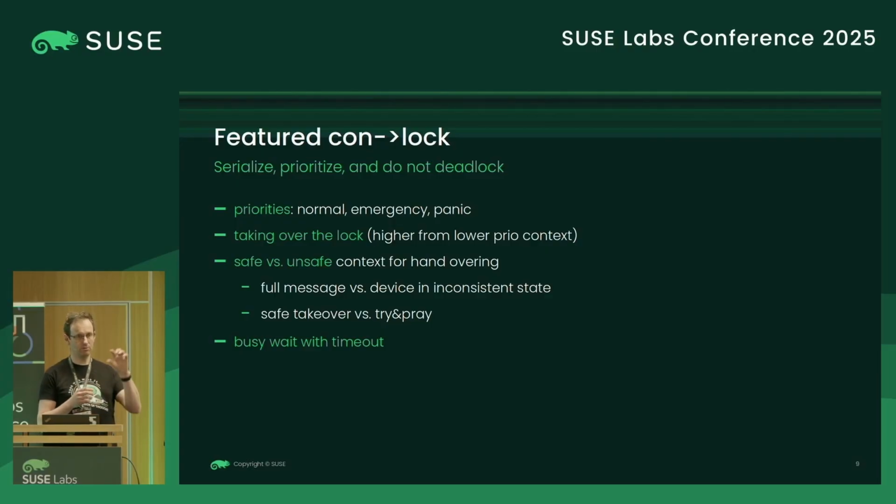First you need to do a few operations which have to be atomic, and when the state of the serial console is not really consistent, it's not safe to take over. But in between characters, it's safe to take over because another CPU could just continue using this serial console for flushing another character, and so on.